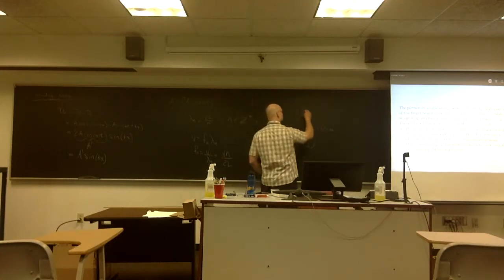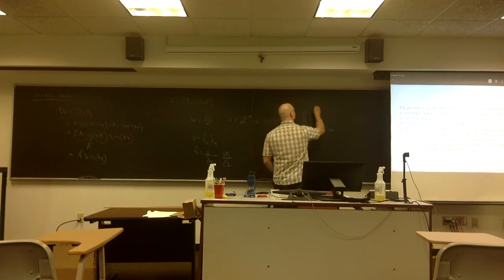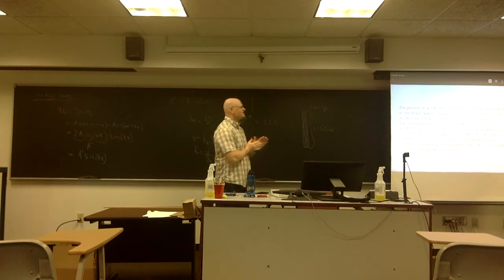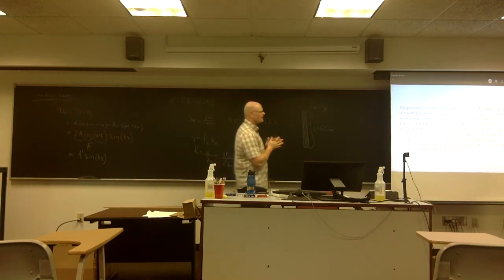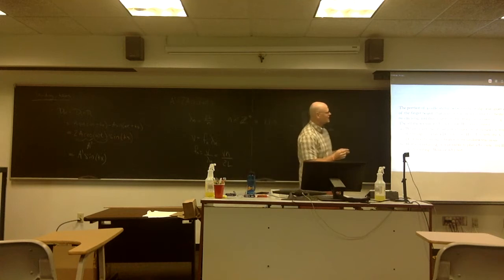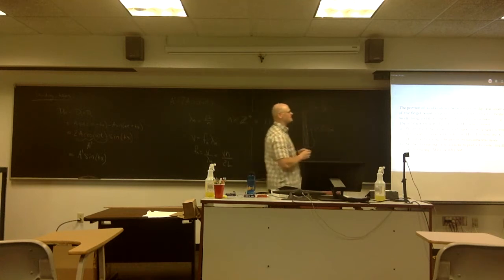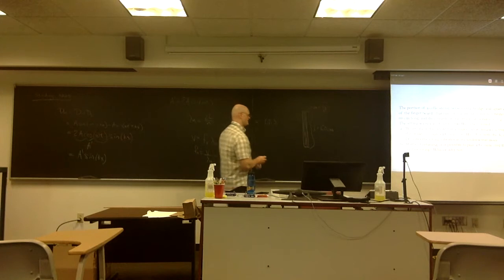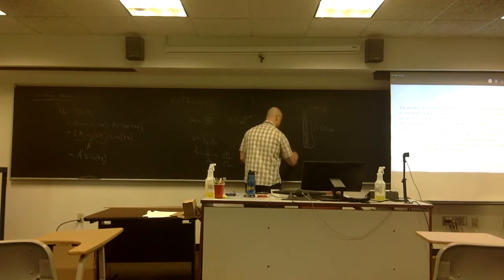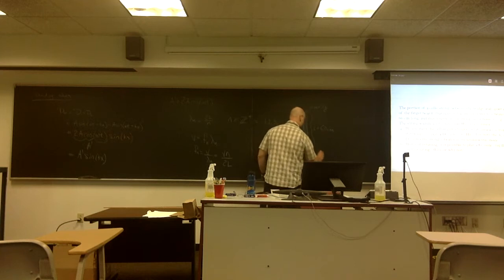So one string going along here has a mass equal to 2 grams. The string sounds an A4 note, which has a fundamental frequency of 440 hertz. So we have an A4 note whose fundamental frequency f1 is 440 hertz.